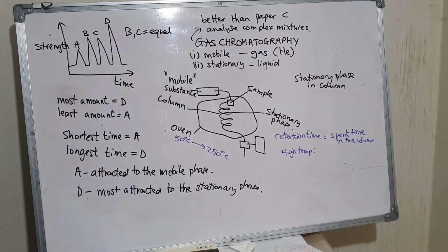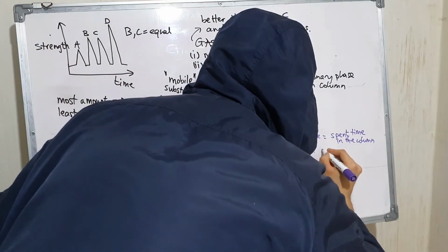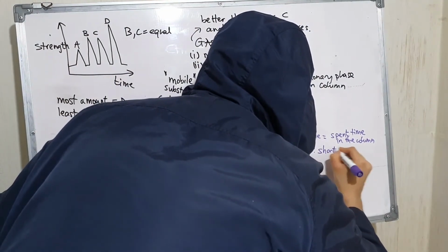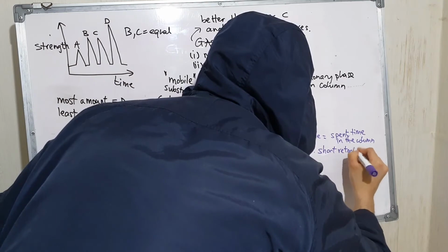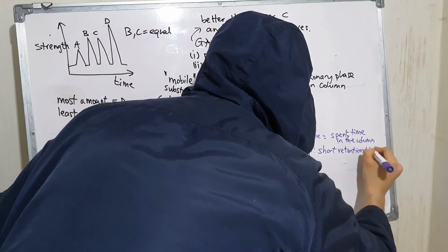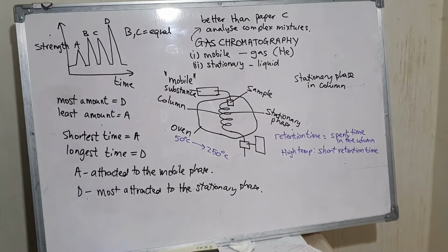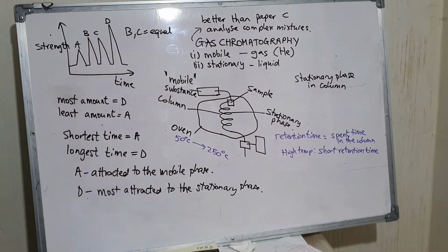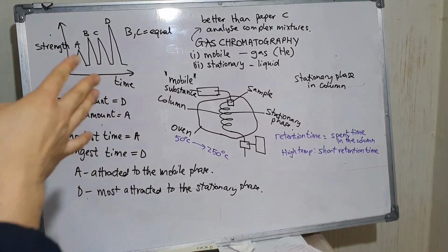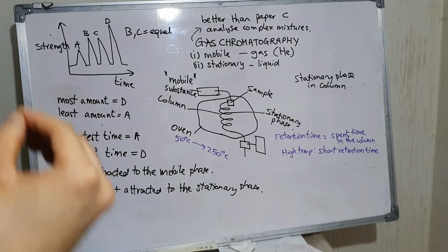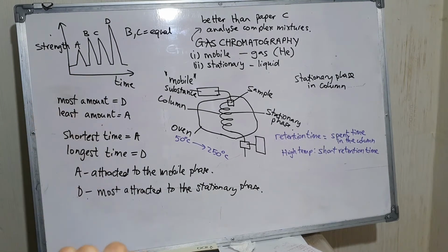If you use a high temperature, it usually would mean a short retention time. Okay, so if it's a high temperature, the substance inside will spend the shortest time there because it will come out very quickly. High temperature would mean high pressure.